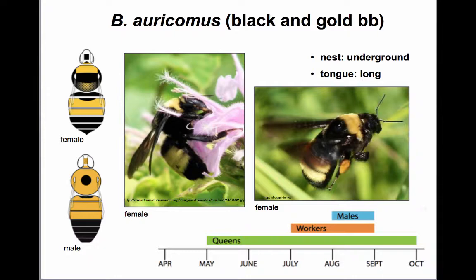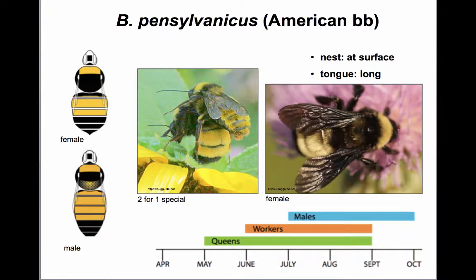By comparison, Bombus pensylvanicus, the American bumblebee, on T1, the yellow creeps across into the center of the segment as well as just on the sides as in Bombus auricomus. So in the picture of the female on the right, you can see that she has some yellow hair in the center of T1 as well.